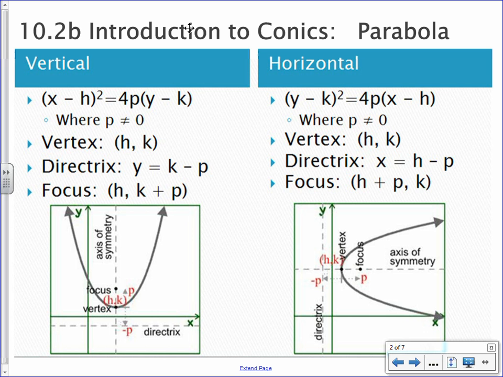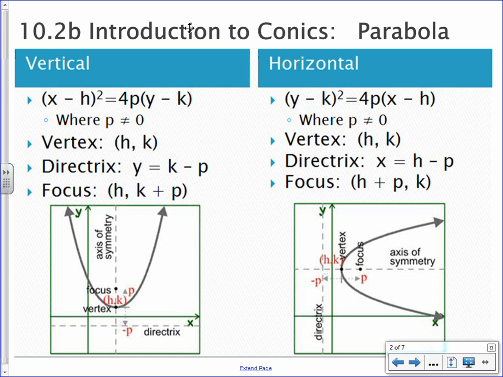You are not always going to be given the vertex and p just straightforward. You might have to think a little bit about what the graph looks like to figure out what h, k, and p are. But we will look at a few different examples. Main thing is we need our vertex and we need to know p. Once we have those two things, we can write our standard form equation.